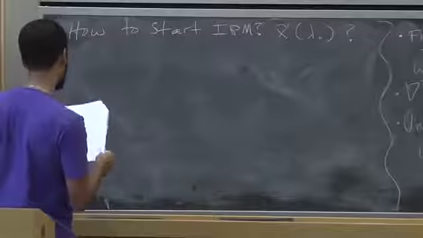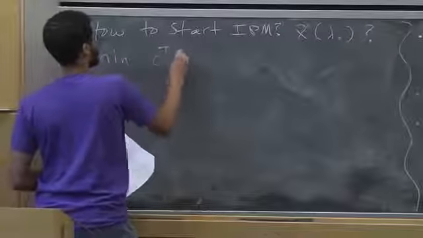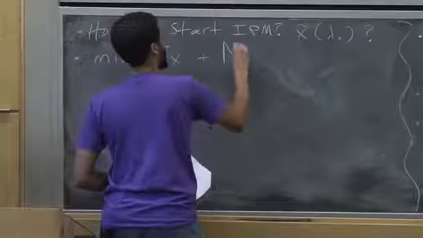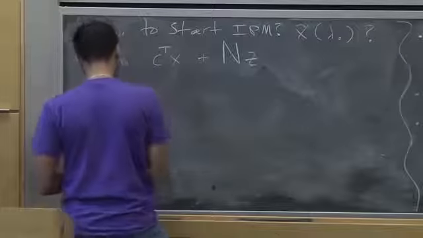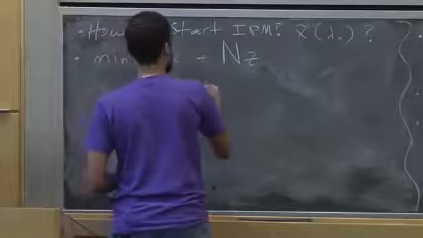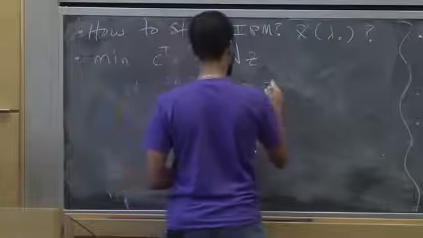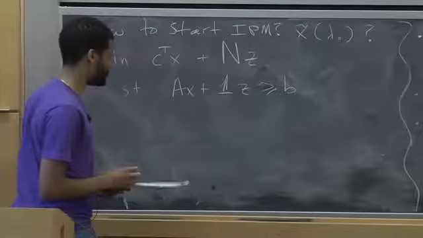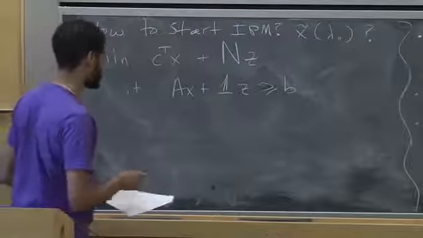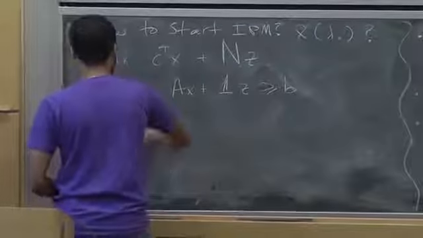So the point is, first what we're going to do is alter the LP to be min c transpose x plus capital N times z, I'll say again in a second what this is, such that Ax plus the all ones vector z is greater than or equal to b, and z has to be at least 0.